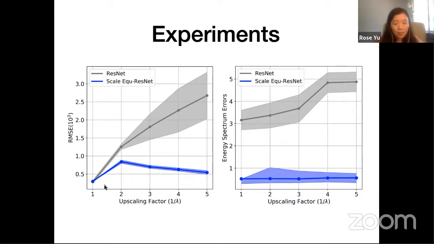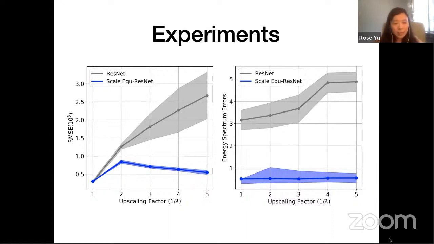We can see that as we scale the test set by different factors, the non-equivariant model, in this case the ResNet, completely fails with exploding error, not only in terms of forecasting root mean square error, but also physical quantities in terms of energy spectra. Whereas the equivariant models that we developed are relatively robust against this kind of group transformation.